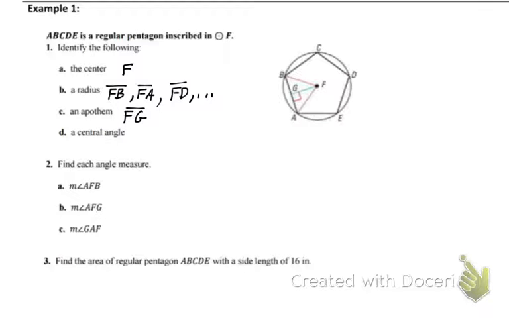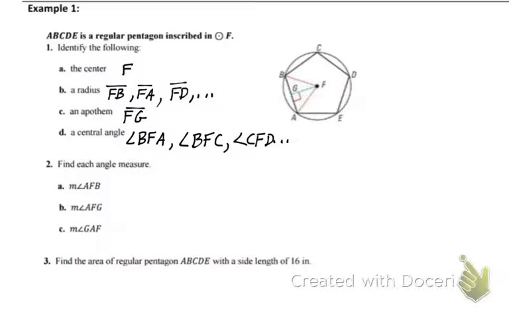There are actually 5 angles that say F. Can someone pick the actual one? Haley. BFA. Angle BFA. Another one might be angle BFC. We might have angle CFD, and the list goes on from there. Those are all central angles.